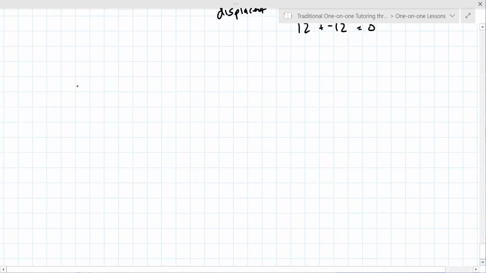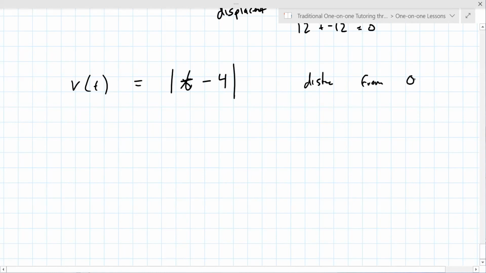Okay, so let's say v of t equals the absolute value of t minus 4, and I want the distance from 0 to 2. What do you think you will do to try to figure that out on this one?